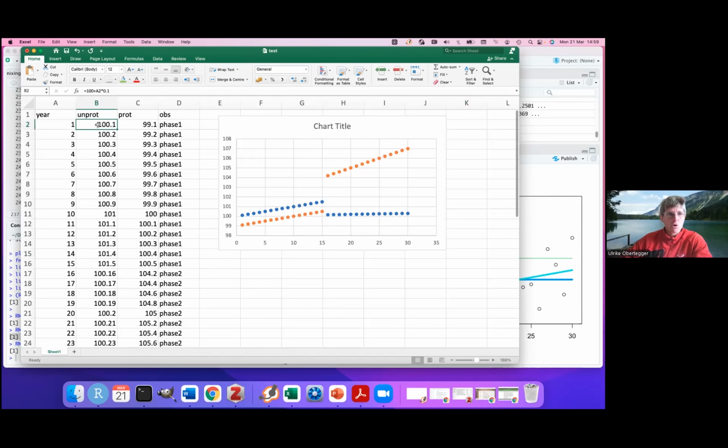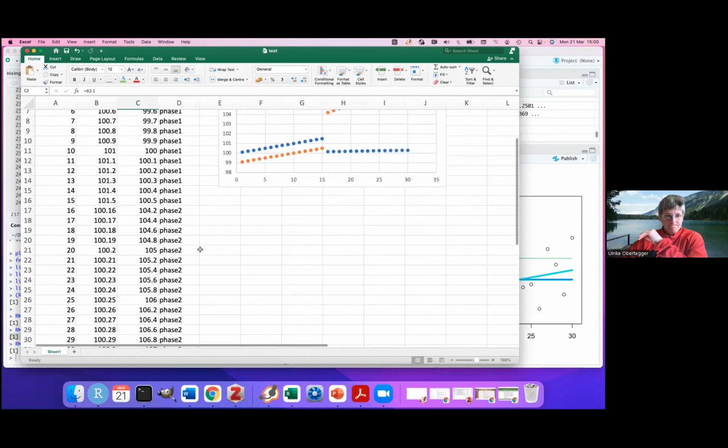For both unprotected and protected, you see that the slope is 0.1. It's just that for the protected area, I took this value, but I decreased it for one unit. So in both there should be a clear increase.